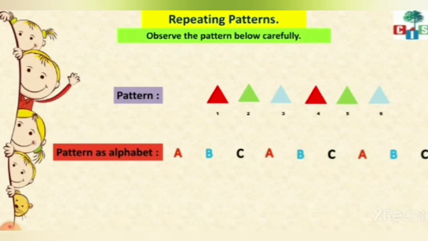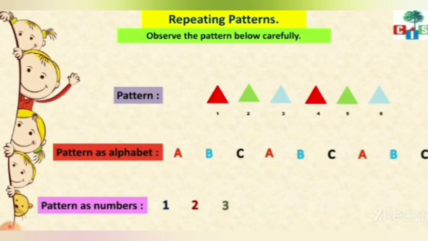Now let's move to the pattern as numbers. 1, 2, 3. After 3, I am going to repeat the same numbers, that is 1, 2, 3. Right? Now, let's move to the next slide.